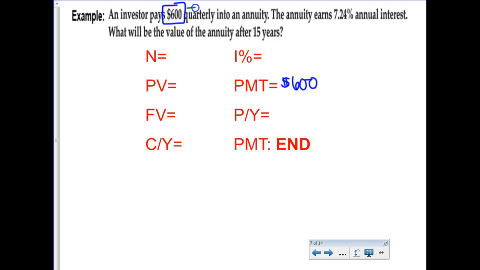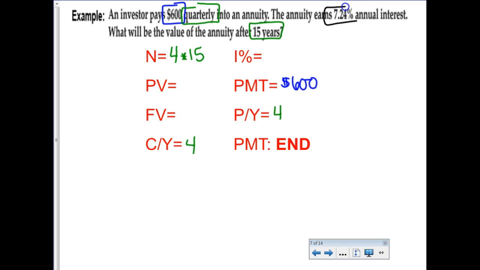Now it says we're doing this quarterly and we're going to do this for 15 years. So quarterly means payments per year is 4 and compoundings per year is 4. But for N, you're going to contribute quarterly, but for 15 years. So you can just call that 4 times 15. Your calculator will convert that to a 60 for you.